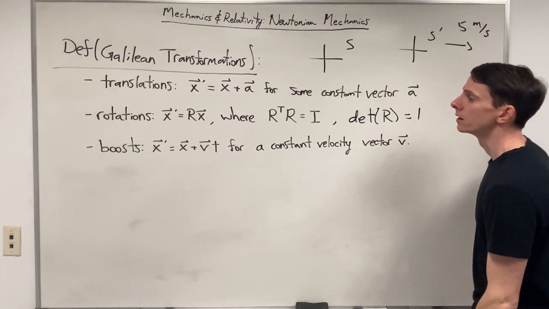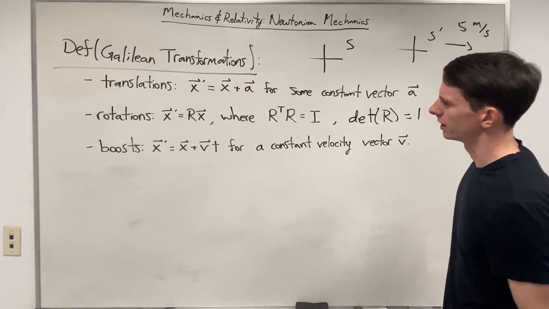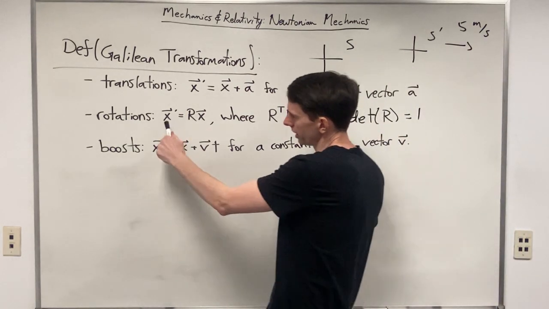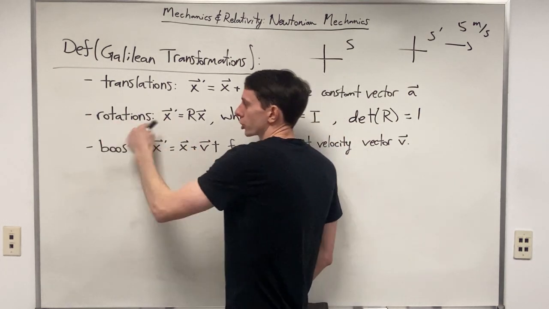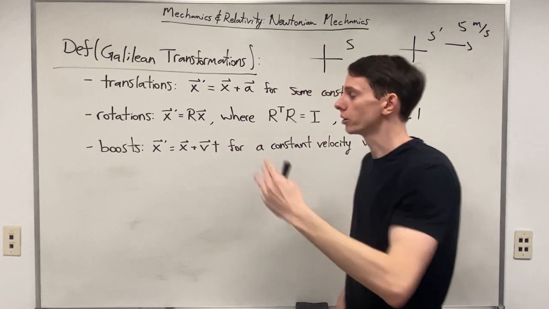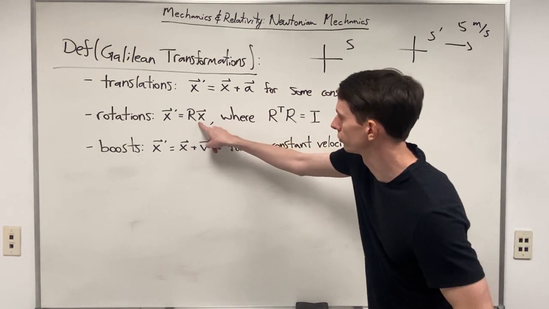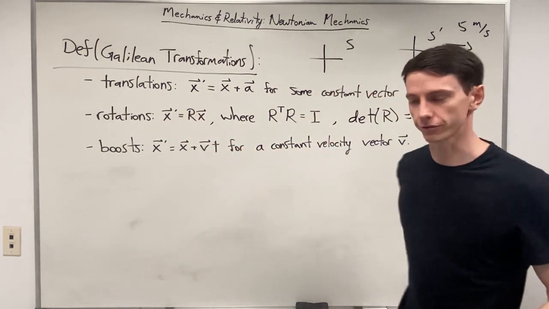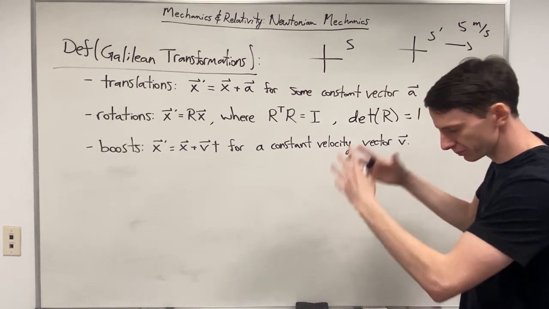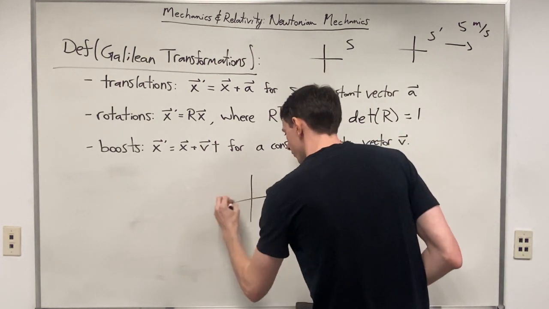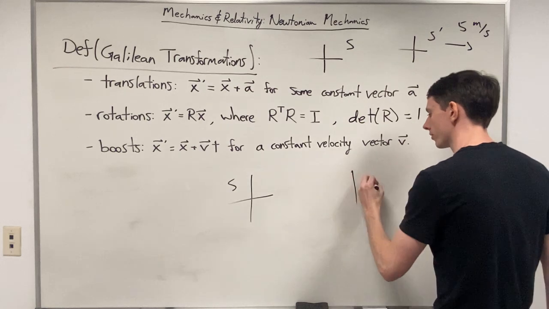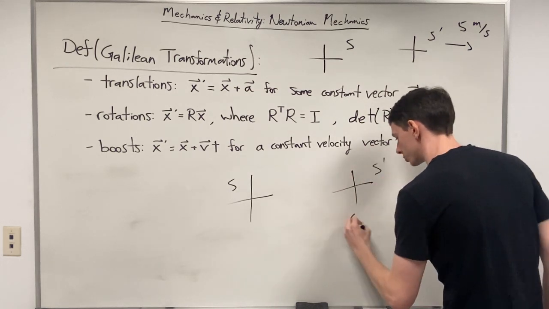Okay. Now, one thing that you might be wondering is we're saying that these rotation matrices, right, or these transformations that are determined by rotations allow us to go from one inertial reference frame to another inertial reference frame. But what about this example that we've been going back to a couple times now with that table where we had one frame S and then another frame S prime which was rotating?